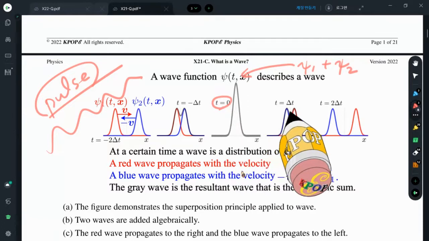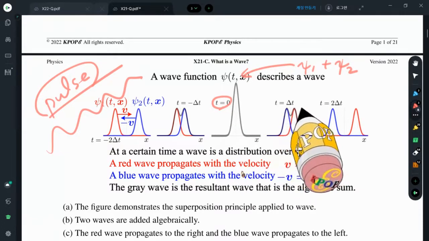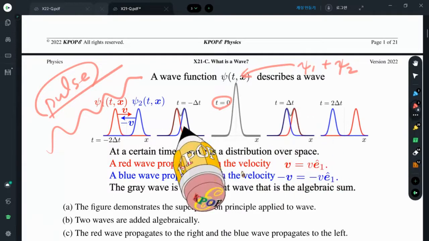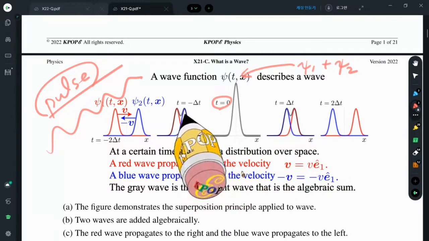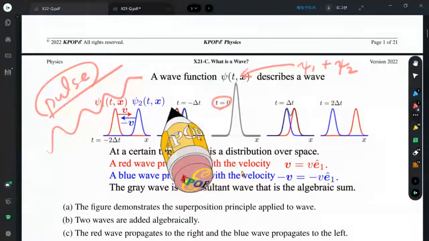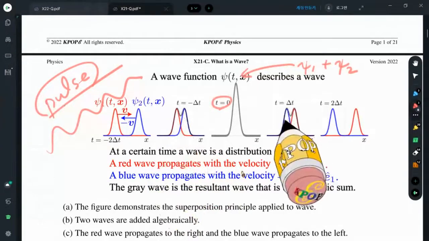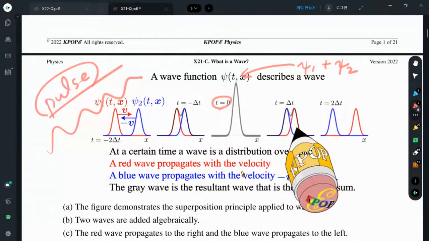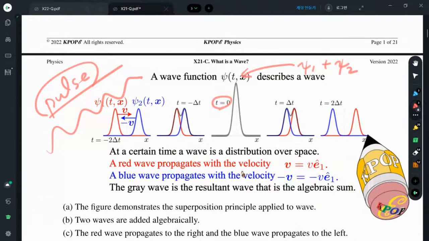As time goes on further to the positive sense, the relative positions of the two pulses are reversed, and they are finally separated.